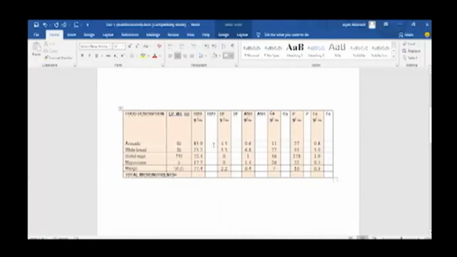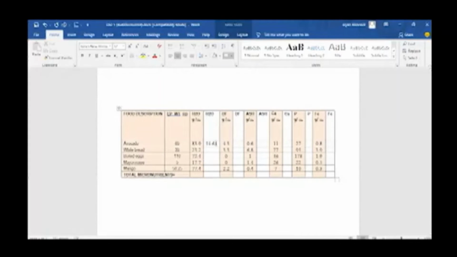So 83.9 times 65 divided by 100 is equal to 54.64. 4.3 times 65 divided by 100 is 2.8. Then 0.6 times 65 divided by 100 is 0.39.